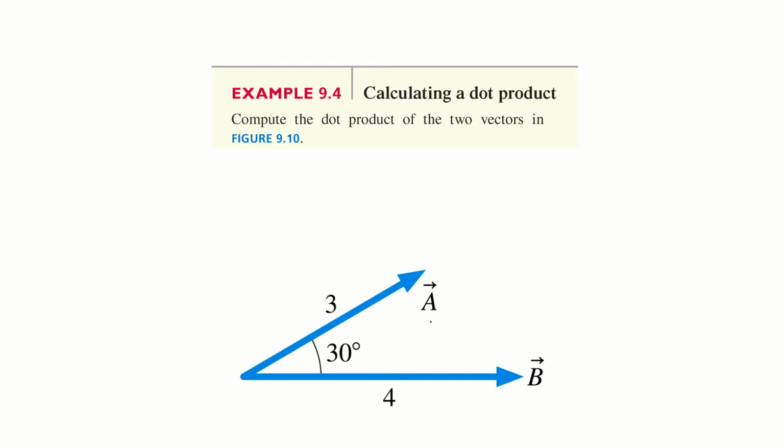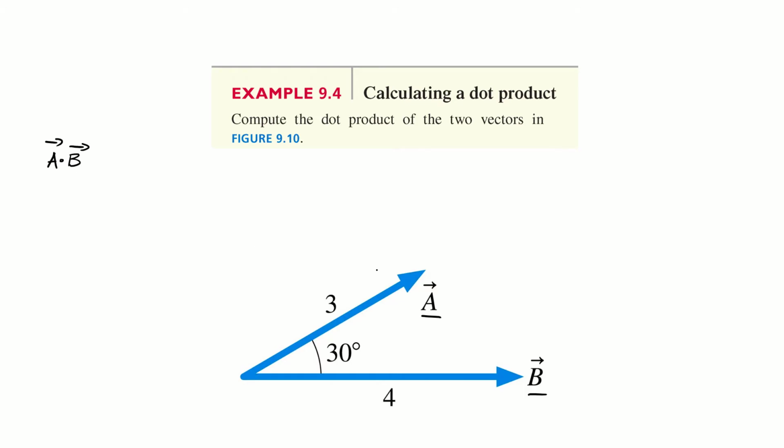So I have two vectors, vector A and vector B. Vector A has a magnitude of 3 at an angle of 30 degrees above the x direction, and vector B has a magnitude of 4 and is in the x direction. So if I want to calculate A dot B, how do I do this? Well, we have two ways.